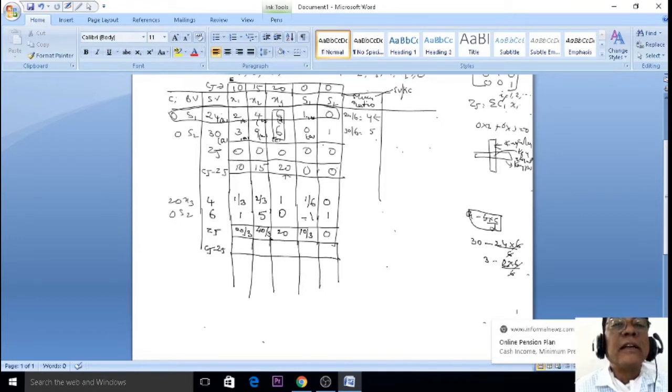Here is 10. 10 minus 20 by 3. Take LCM 3. 30 minus 20, 10 by 3. So 10 by 3. Like the 15 minus 40 by 3, 5 by 3. Okay, 0. Same thing. Minus 10 by 3.